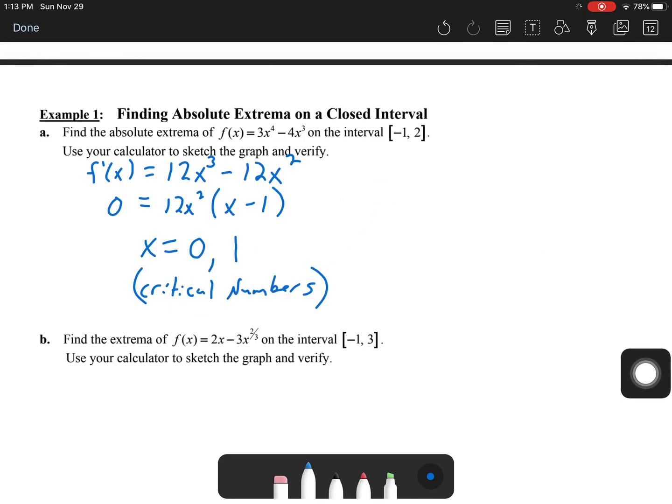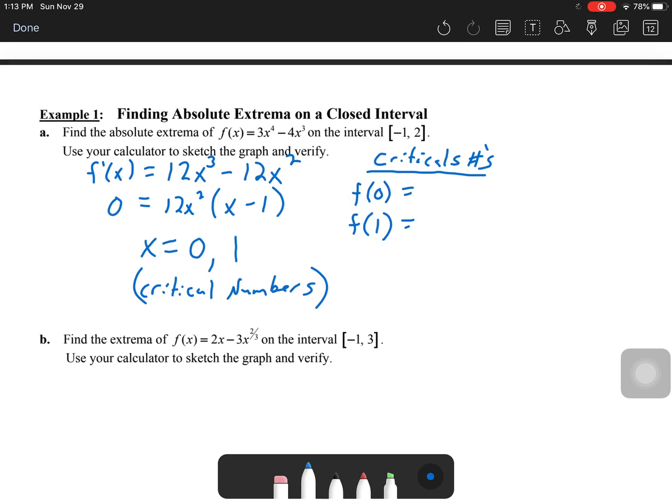Okay, so test, I'm just going to make a note here. I won't do this on all of them, but when you're testing for absolute extrema, this is what you always do. You test your critical numbers, so I want to plug in f of 0, because that's one of my critical numbers. I want to test f of 1, and this is the work you would show on your AP exam too. You want to show what you're doing here.